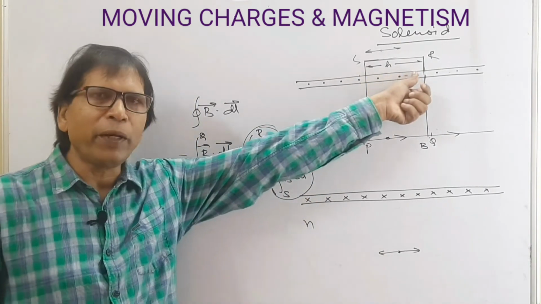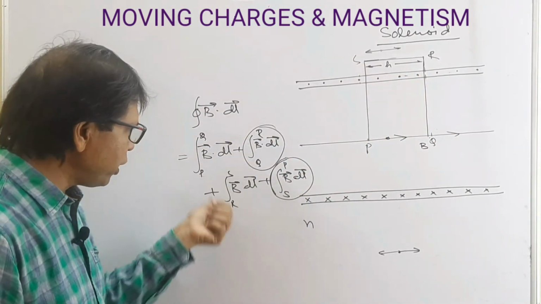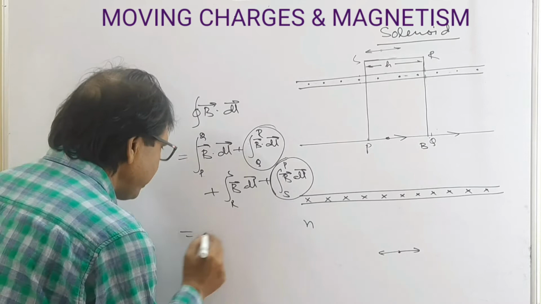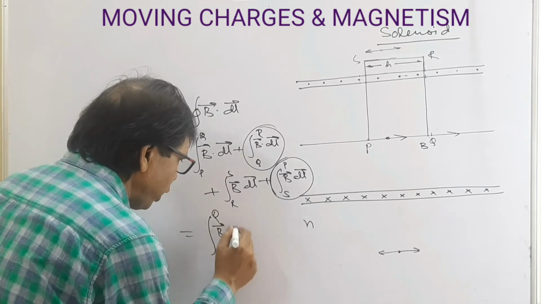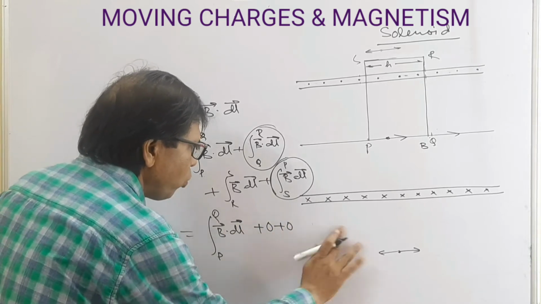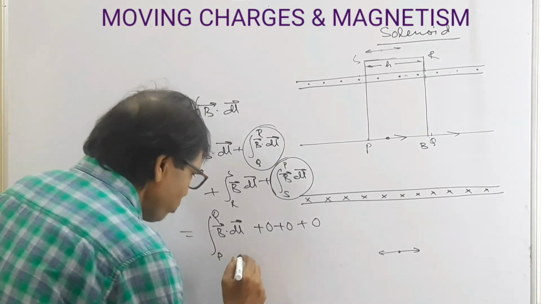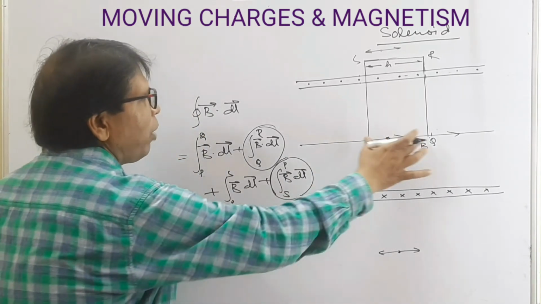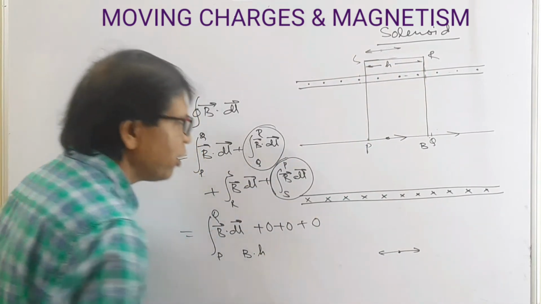Now the magnetic field outside the solenoid is also 0, therefore this term is also 0. So the P to Q term, B vector dot dl vector, plus 0, plus 0. Okay. So here B into dl means the length of this, so B into h.